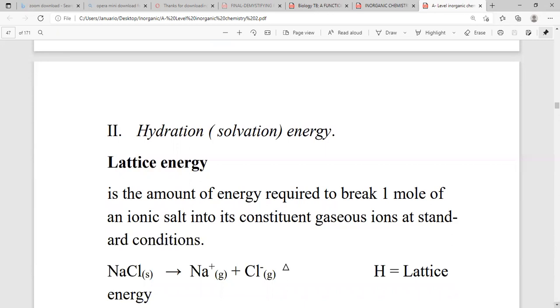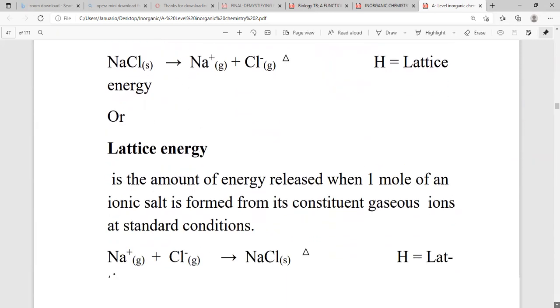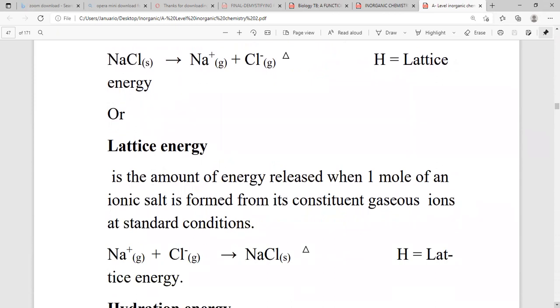You look at the equation below, where we have sodium chloride salt, and the change in heat, the H, is equal to lattice energy. 1 mole of this salt is being broken down into sodium ions and chloride ions in their gaseous states.